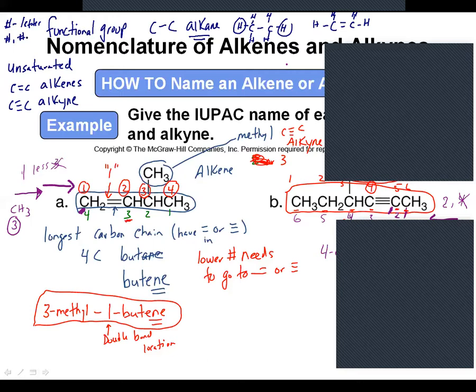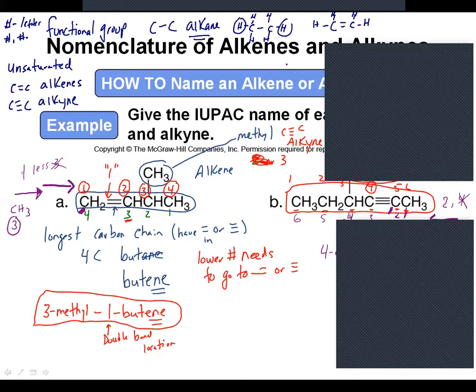Now, when we name alkenes and alkynes, which is I think where we left off last time, we basically follow the exact same process as we do for alkanes. The goal here is to find the longest continuous carbon chain. Again, it may not always be the straightest, may go up, may go down.